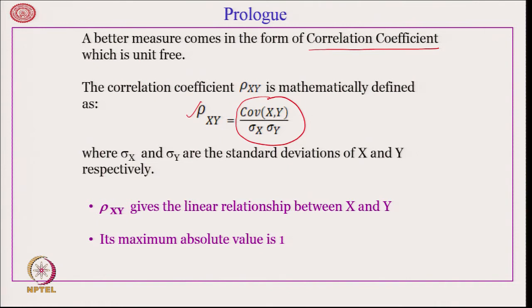Note that rho x y gives a measure of the linear relationship between x and y, and like covariance it can be plus or minus, but the maximum absolute value is 1.